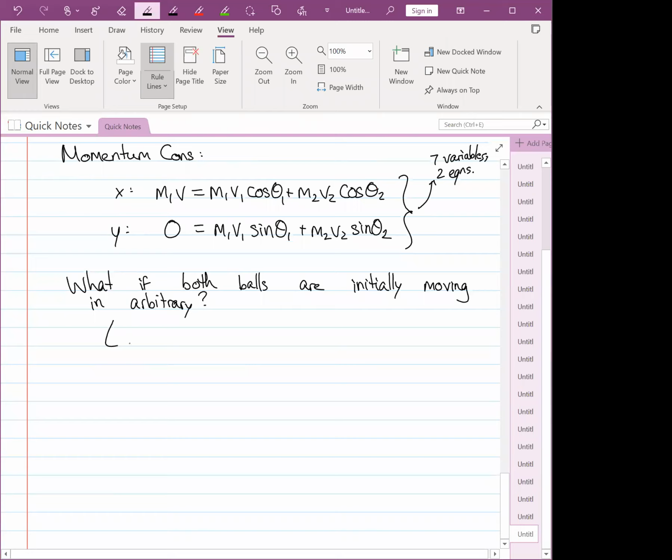So the way that we do this is step 1, we change reference frames. Remember that whole reference frame business? I promised it would be important. We change reference frames to the rest frame of one of the balls.